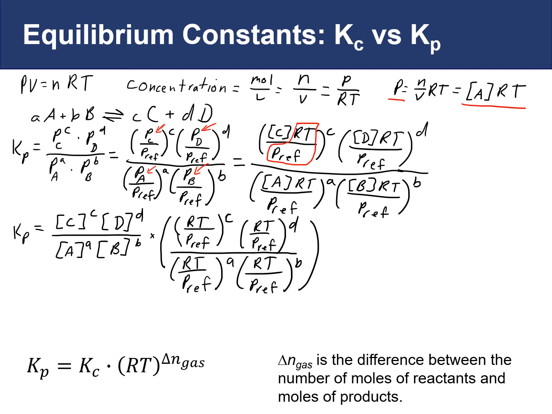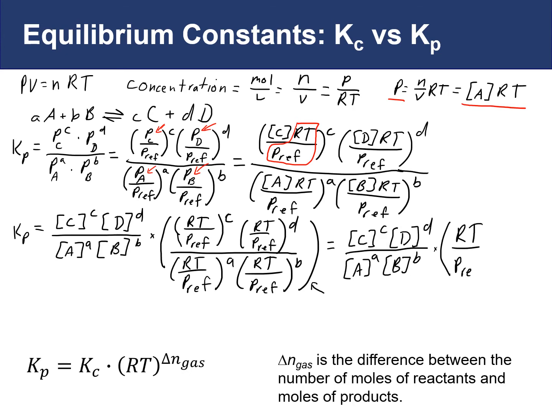So this part here is actually equal to the concentration of C raised to the C, concentration of D raised to the D, over concentration of A raised to the A, concentration of B raised to the B. And then what's in the set of parentheses here, we can re-express as being times the quantity RT over Pref, our reference pressure, which again is 1 bar, to the power C plus D minus what's on the bottom, A plus B. So we take the top minus the bottom.